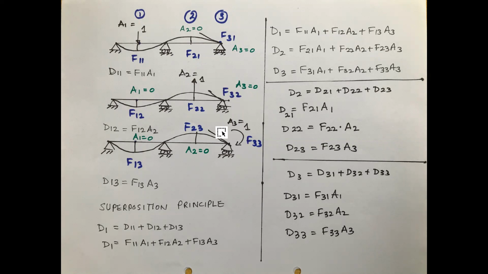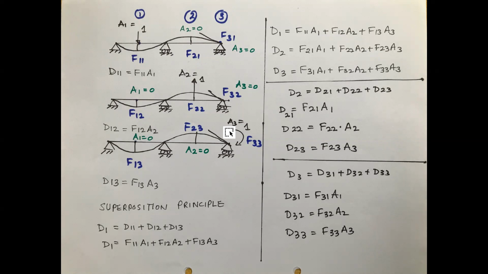Similarly, for the last one, I have applied the couple, A3 is equal to 1, the moment, and you generate the flexibility coefficients F13, F23, and F33. Again, the significance is the same. When you make A1 equal to 1, A2 and A3 are 0, of course, because ultimately we will be using the superposition principle. I will tell you the equation for how to write the superposition principle.